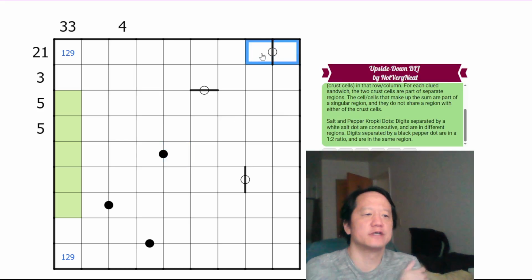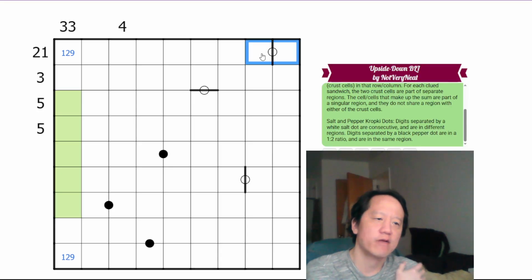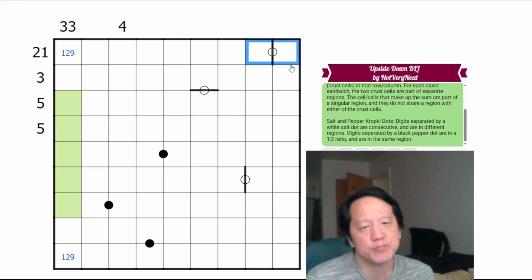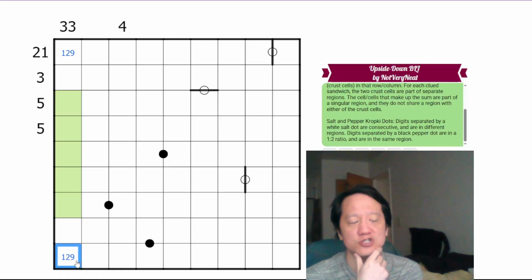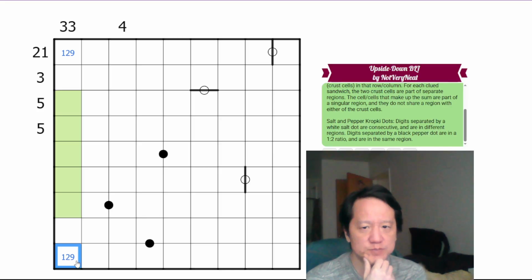These are consecutive. They cannot be 1 and 2. Because if they were 1 and 2, the problem is 9 would be guaranteed to be here. Because again, the digits on the outside have to be either crust or a 2, because 2 is excluded from the sandwich.